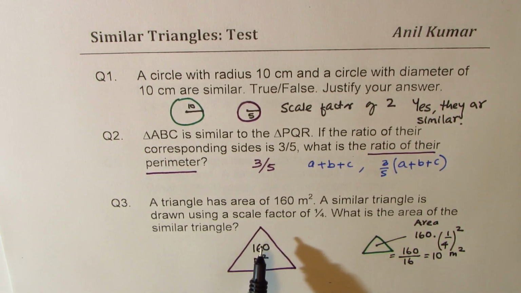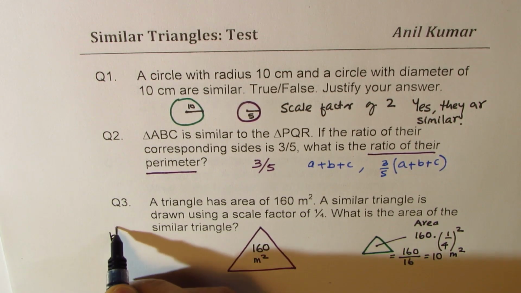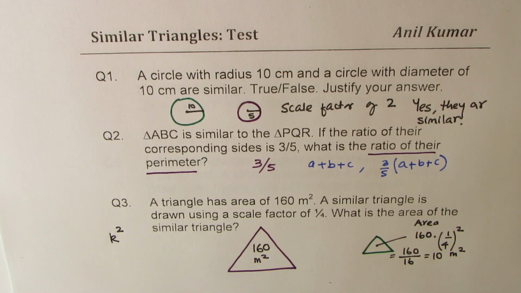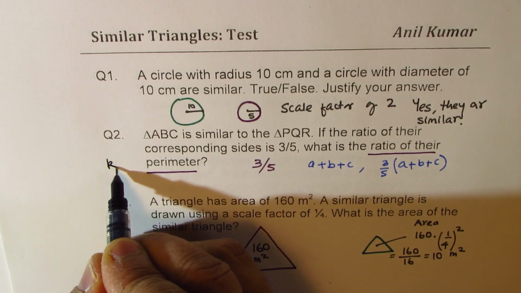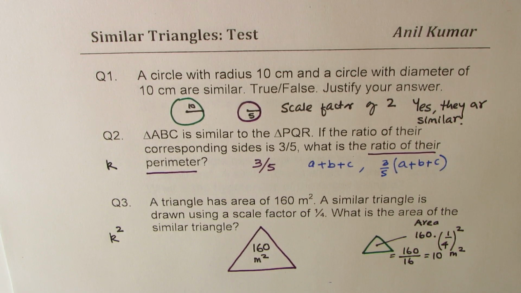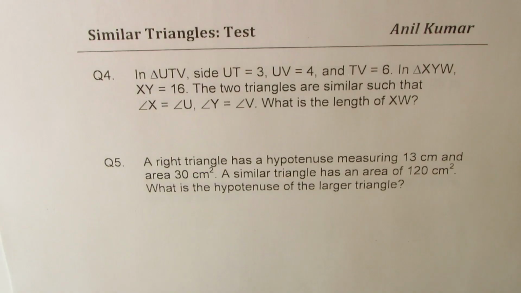So whenever we are talking about area, the scale factor is k square times. Do you understand? So that is a reminder. When we talk about perimeter, the ratio is the same. So k is our scale factor. Perfect.